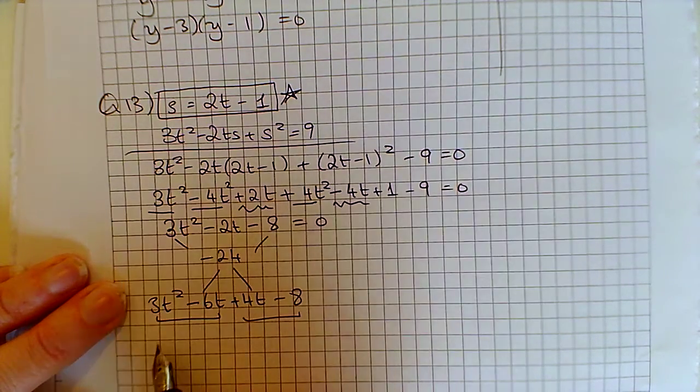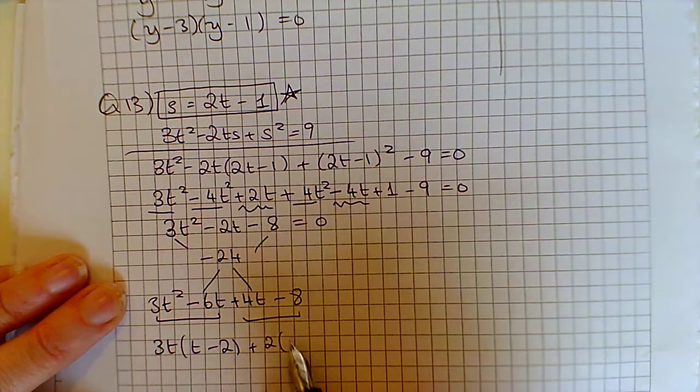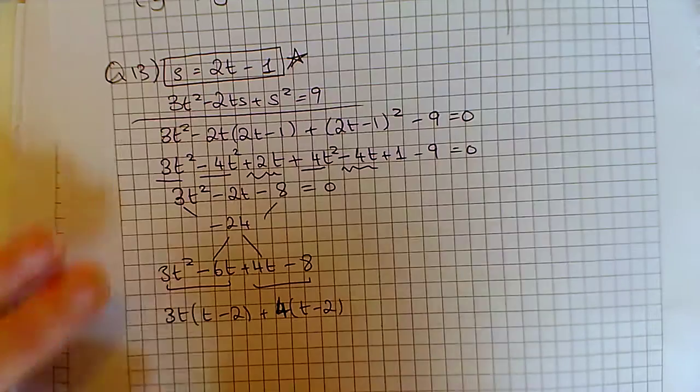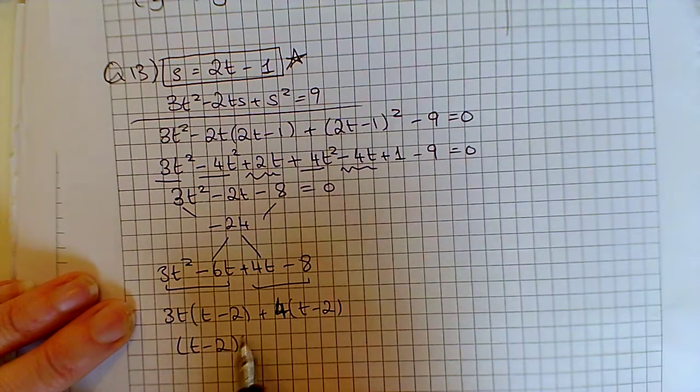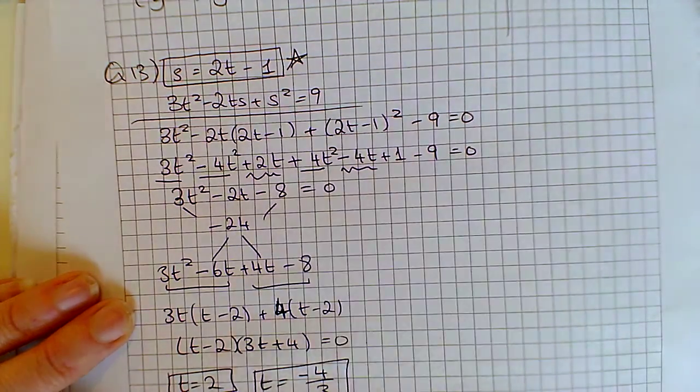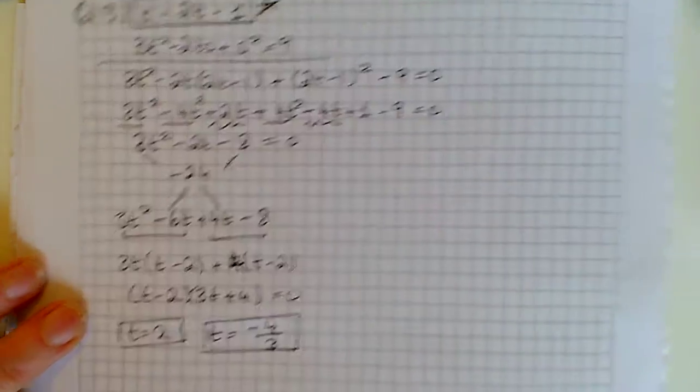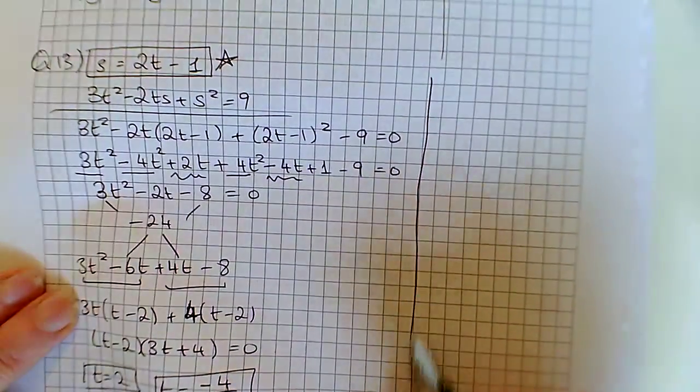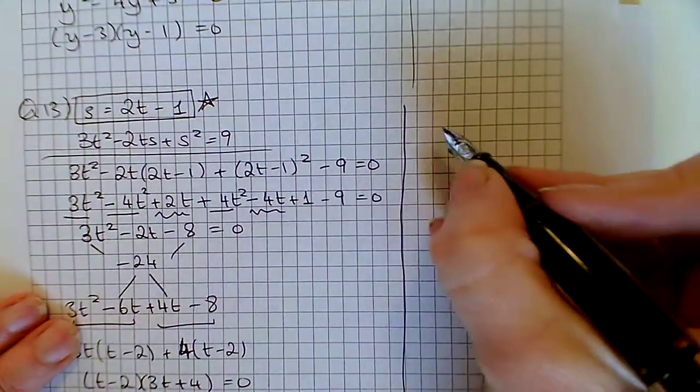Then we factorize by grouping: 3t, t minus 2, plus 2, t minus 2, plus 4, and we have t minus 2 by 3t plus 4 equal to 0. So t is either equal to 2 or t is equal to minus 4/3. So those are my first solutions, and then I'm going to sub back into my star equation.